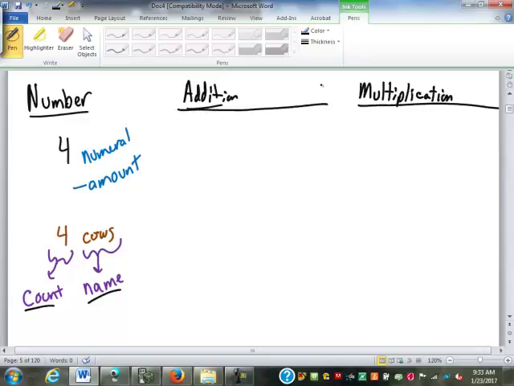In math, technically there are two basic operations, addition and multiplication. Subtraction is kind of a byproduct of addition. It's addition done in reverse. It's actually defined as part of addition, just special cases of addition. So any rules we talk about that apply to addition also apply to subtraction.